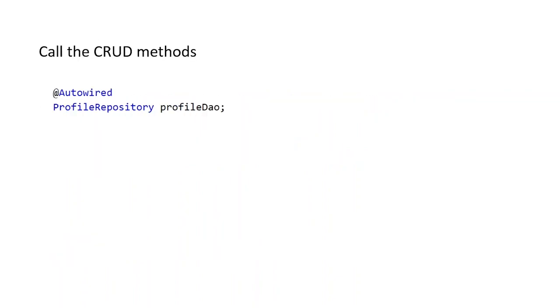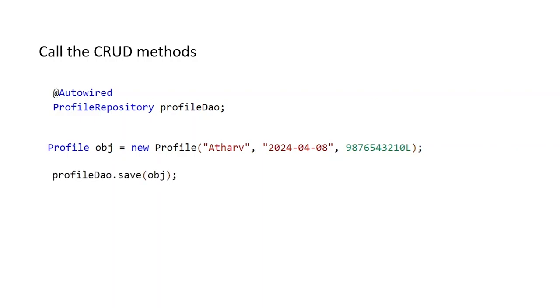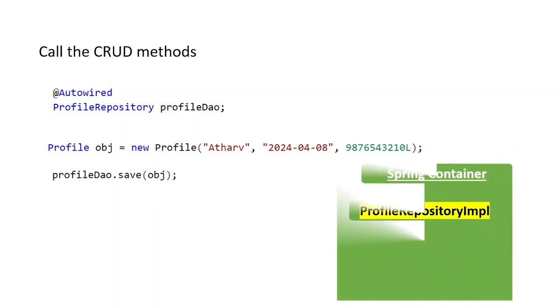So what is the next thing you have to do is you have to call all the CRUD methods present in that implementation object. Suppose you create a profile object with some name, phone number, and date of birth. When you invoke the save method using profile DAO reference, the Spring Boot is going to invoke the save method on this profile repository implementation object.